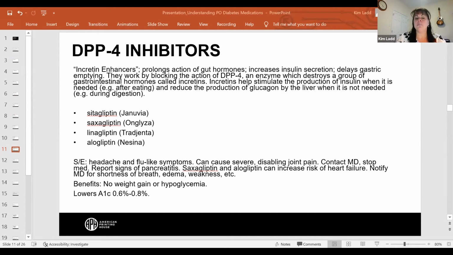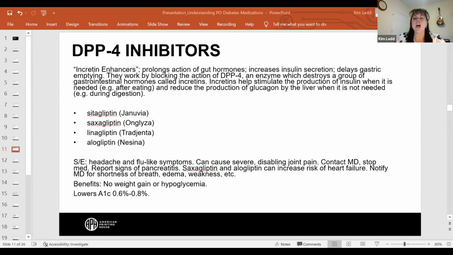They work by blocking the action of DPP-4, which is an enzyme that destroys a group of gastrointestinal hormones called incretins. Incretins help stimulate the production of insulin when it is needed and reduce the production of glucagon by your liver when it is not needed.